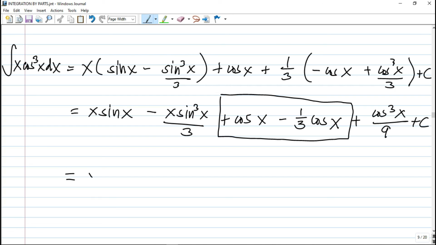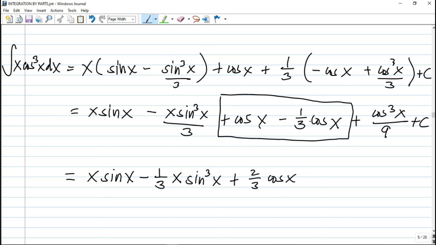So this is x sine x minus, ilabas natin yung 1/3 para mas magandang tingnan yung answer natin, 1/3 x sine cube x. Cosine x minus 1/3 cosine x, so 1 minus 1/3. So plus 2/3 cosine x.